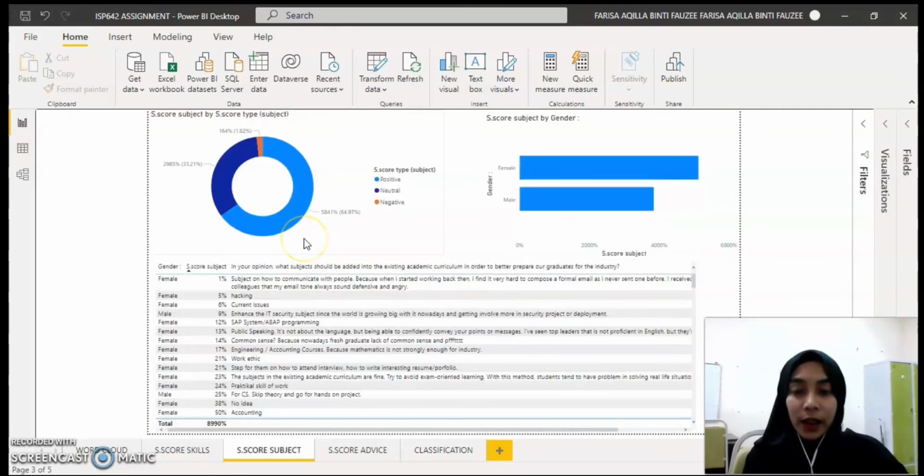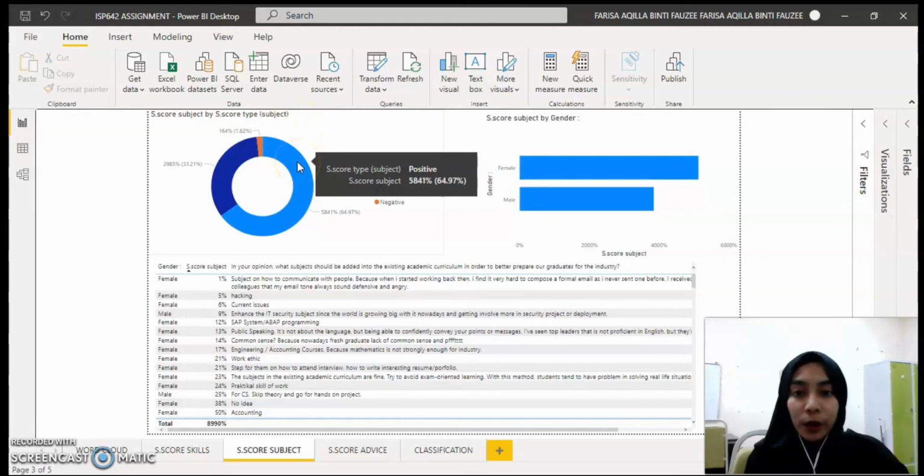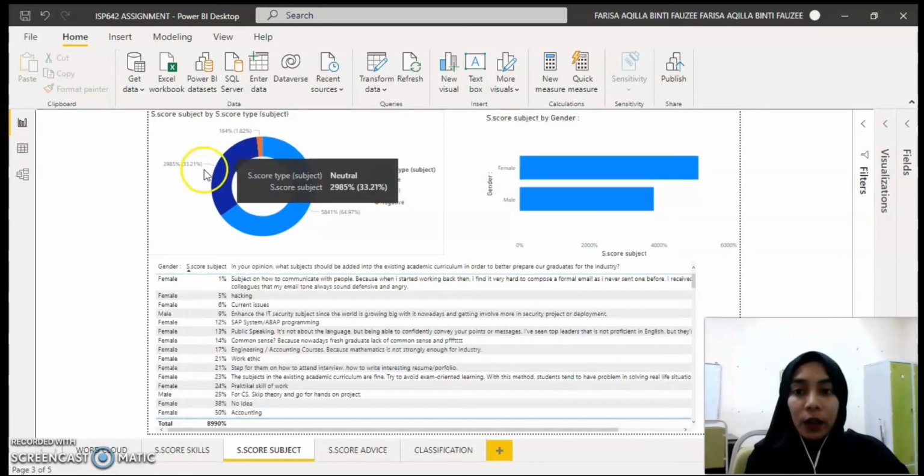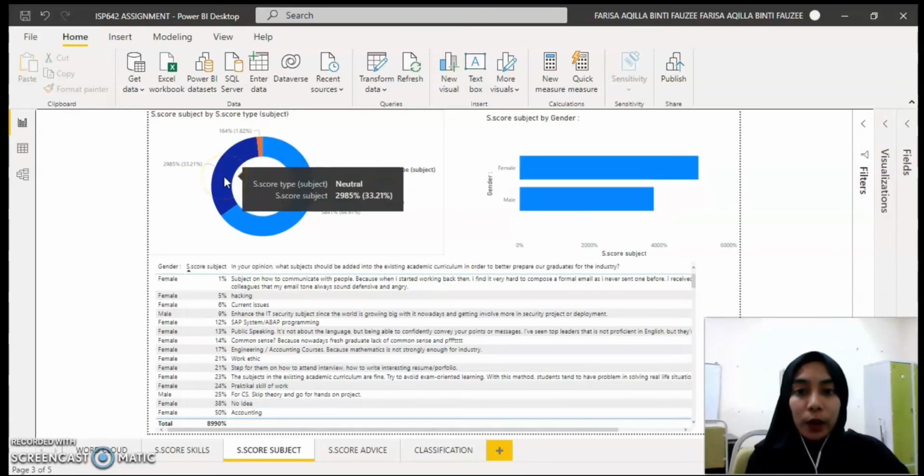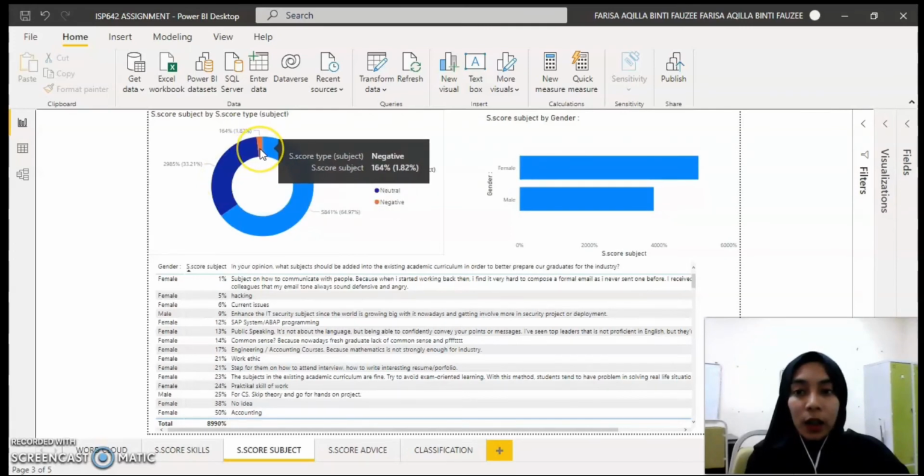This is the second dashboard for sentiment score for the aspect subject. As we can see, it has the highest sentiment score for the positive with the percentage of 64.97%, followed by the second highest, which is neutral with 33.21%, and the lowest one is negative with the score of 1.82%.